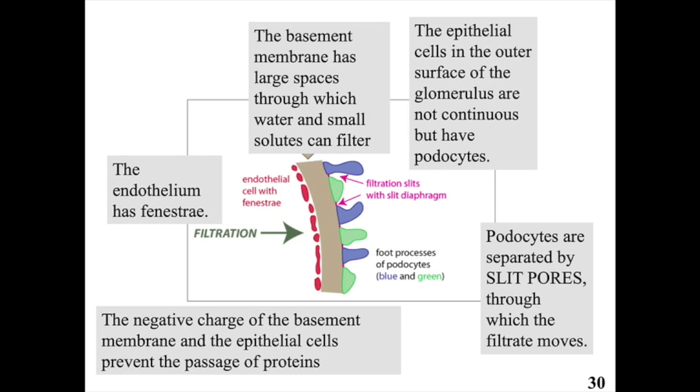So it will come out very distorted, which allows us to clinically distinguish red blood cells that come out of the glomerulus from red blood cells that show up in the urine from anywhere else.